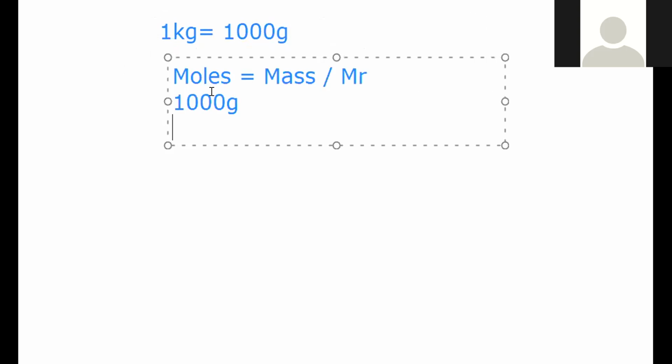Carbon is 12 grams per mole plus 16, which is oxygen, times 2. That gives CO2 a molar mass of 44 grams per mole.